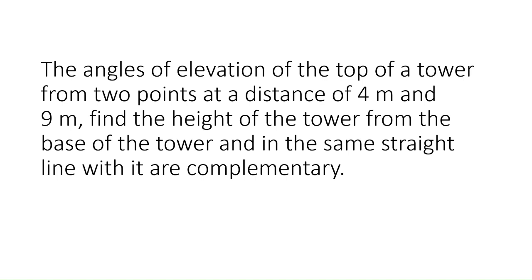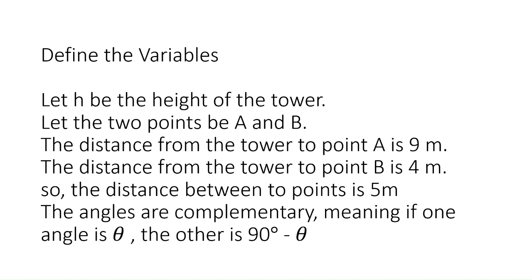Here we need to recapitulate the concept of complementary angles. So what is given first? Let us make a note of it. Let h be the height of the tower that we are going to find out. Let the two points be A and B, from which the angle of elevation has been given. The distance from the tower to point A is 9 meters and to the other point B is 4 meters.